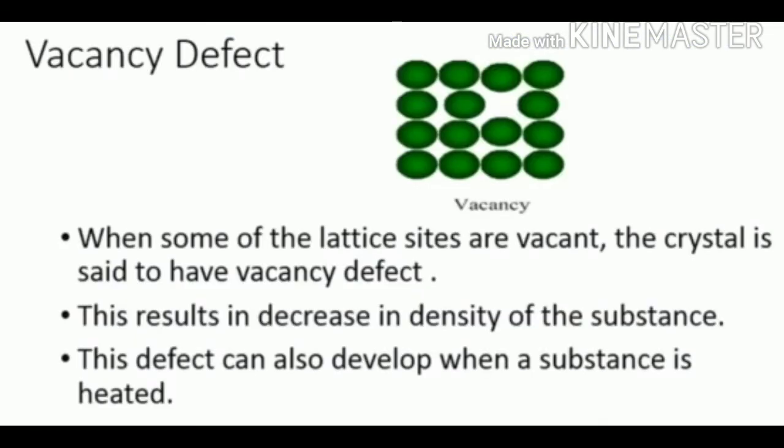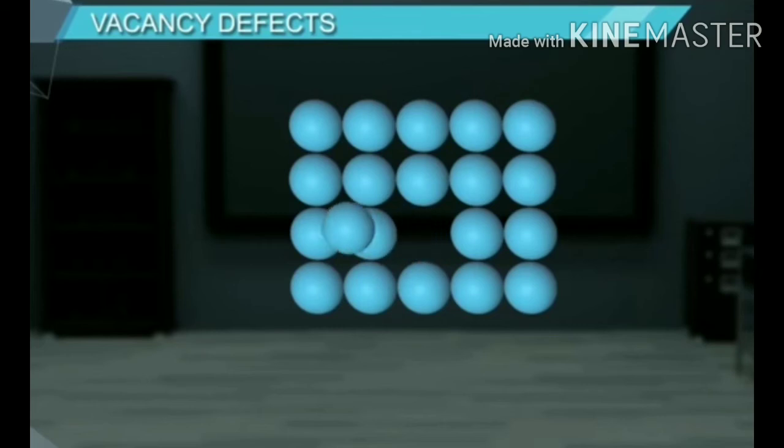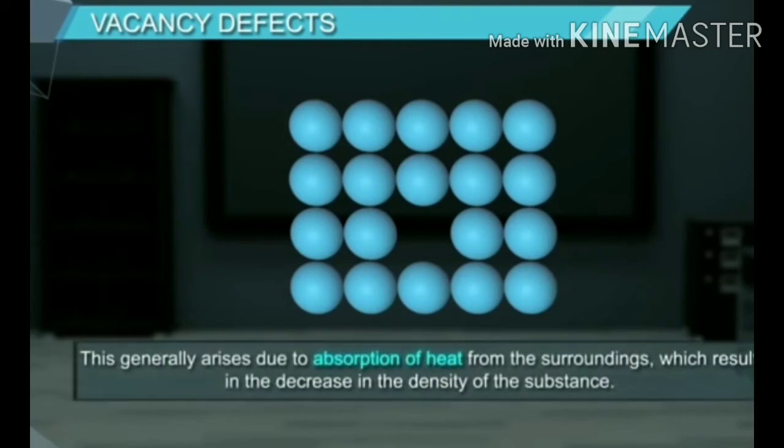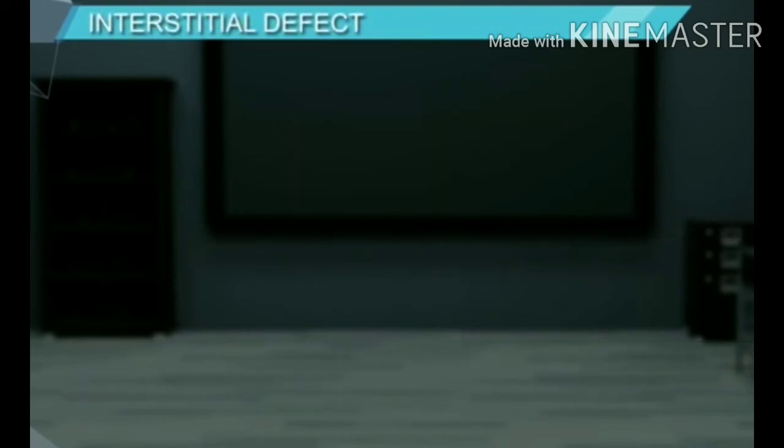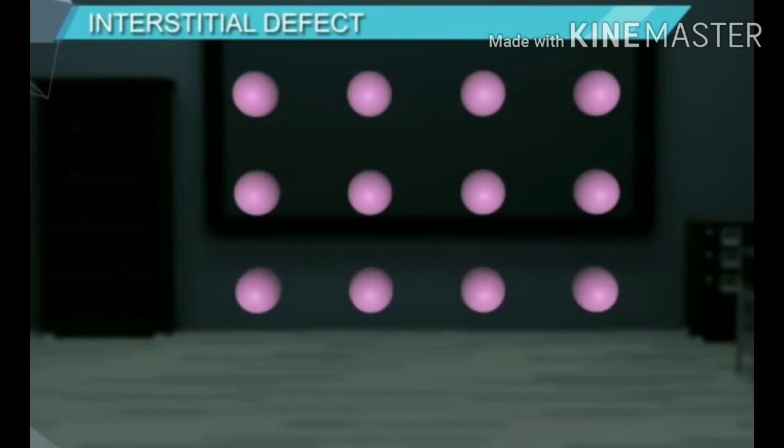The next one is vacancy defect. In this defect, some of the lattice points are vacant, and the crystal is said to have vacancy defect. This generally arises due to the absorption of heat from the surroundings, which results in a decrease in the density of the substance. The next one is interstitial defects. In these defects, some constituent particles are present at the vacant spaces of the crystal structure.